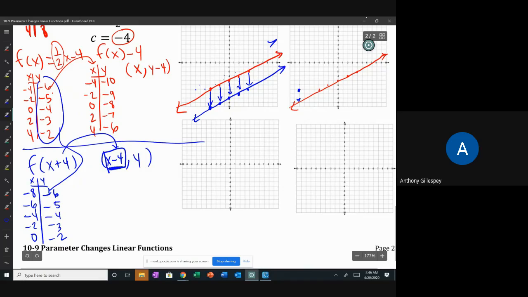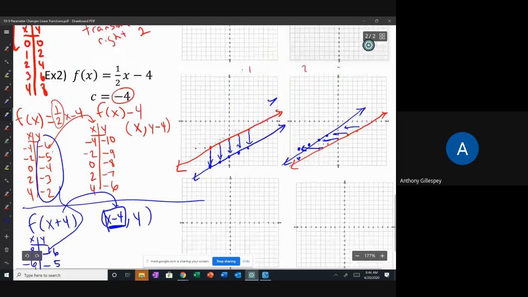What's happening? It's moving it this way, yeah? Moving it that way, 4. So it's going to take each point, 1, 2, 3, 4, and move it backwards 4. 1, 2, 3, 4. 1, 2, 3, 4, right? So what's happening? It's going to look like this. Yeah, what's happening? Each point is moving to the right, or sorry, to the left 4.